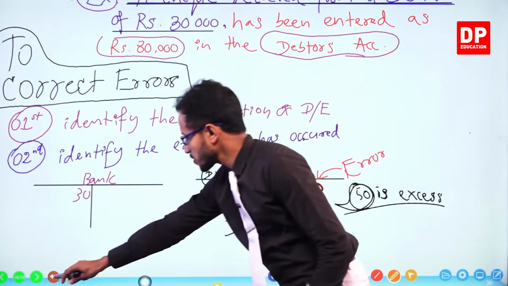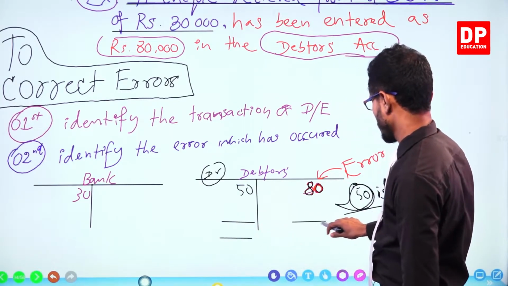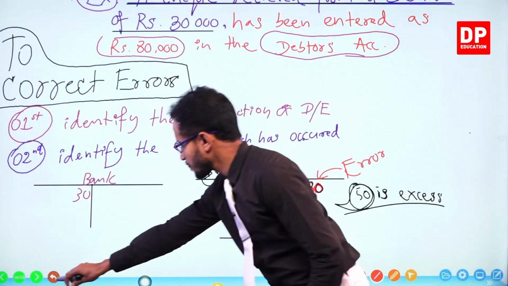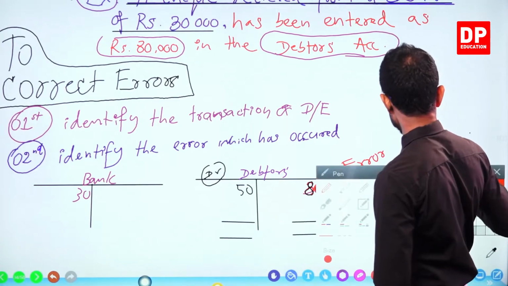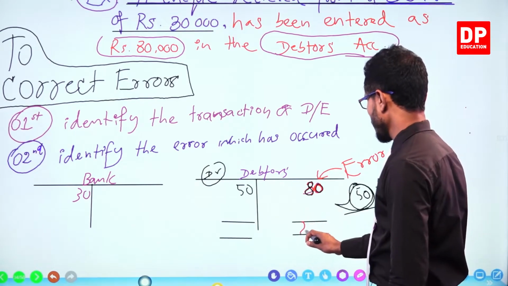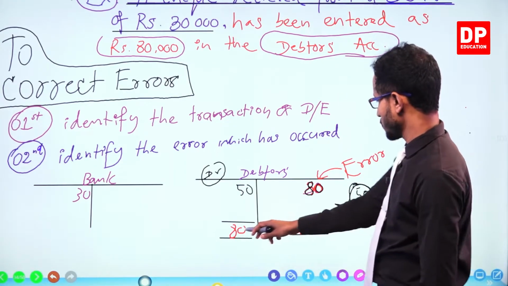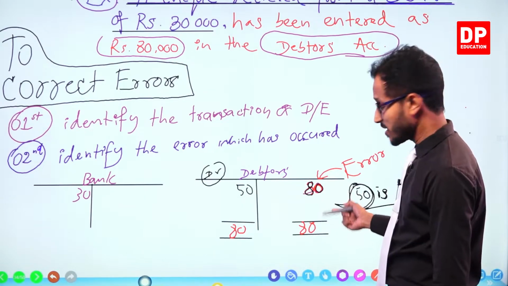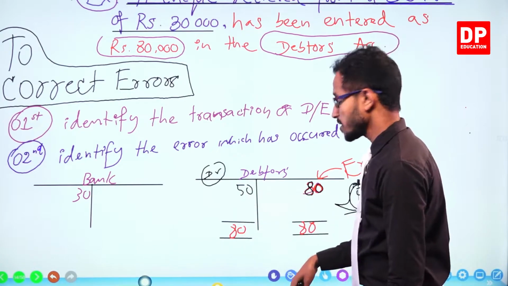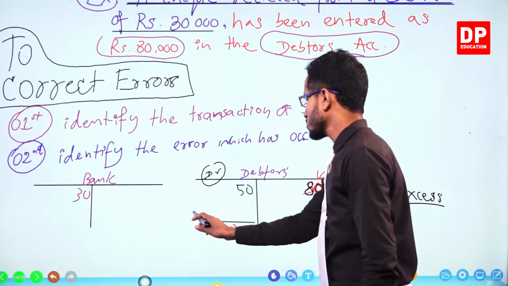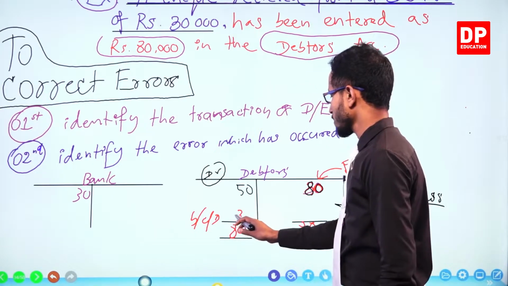When you balance this debtors account, of course, what's going to happen? From the 80,000 which is in the credit side, that is the wrong amount, this 50 will be subtracted and the balance carried down will be 30.